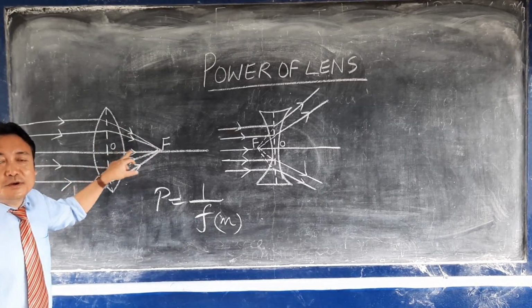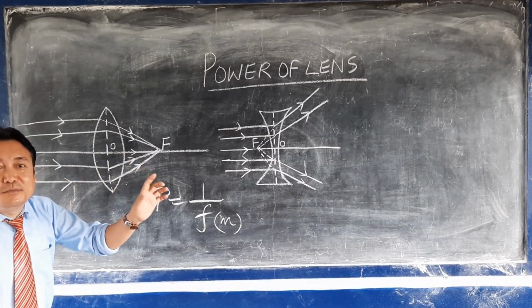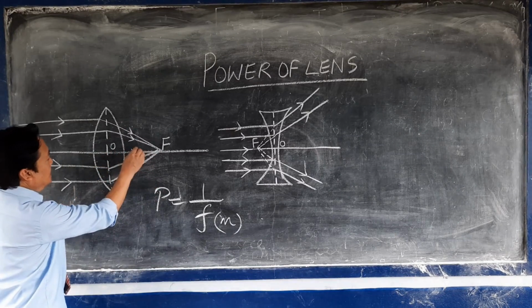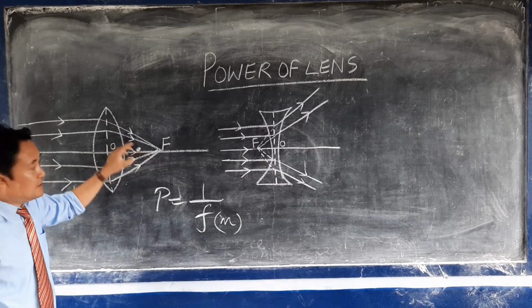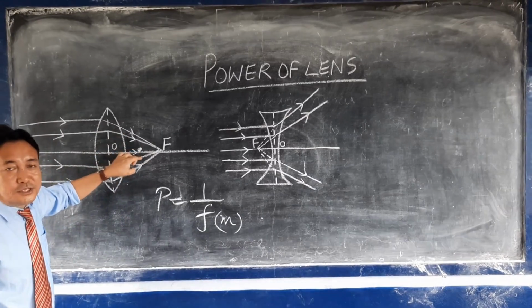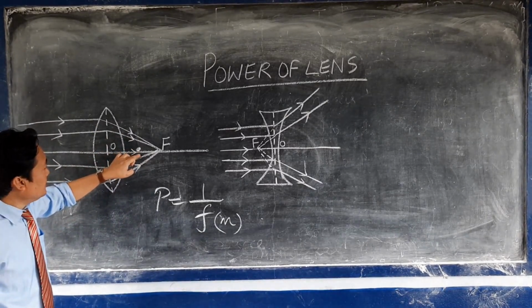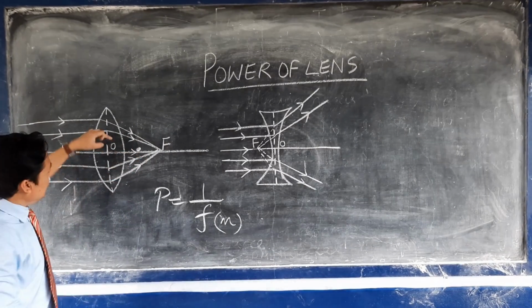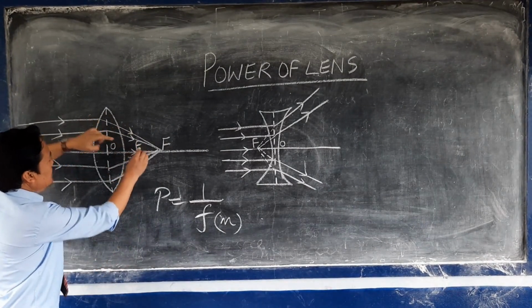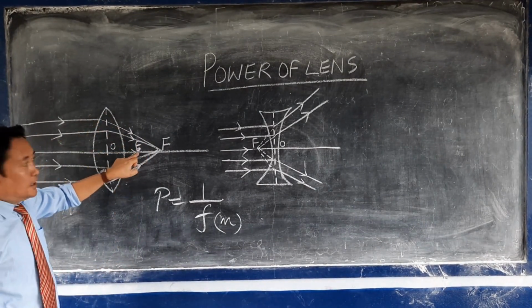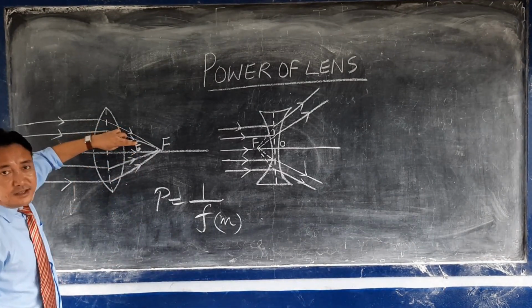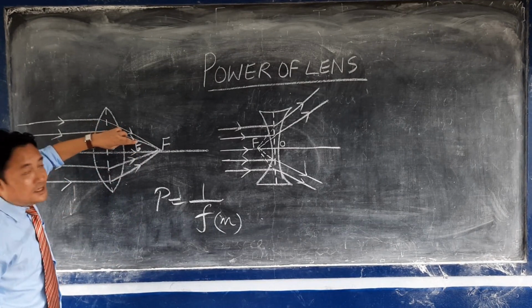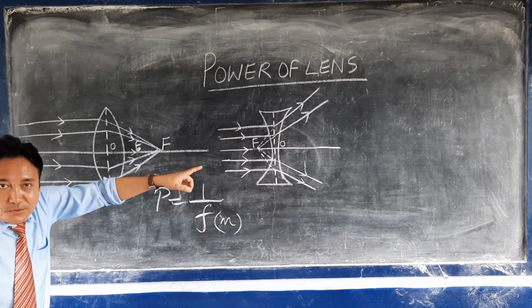Then the distance, the focal length, becomes less. Suppose at this point, closer to the optical center, the refracted ray focuses. Let us consider OF, which means the focal length. Now the focal length is very small, so when the focal length is less, the power will be more.